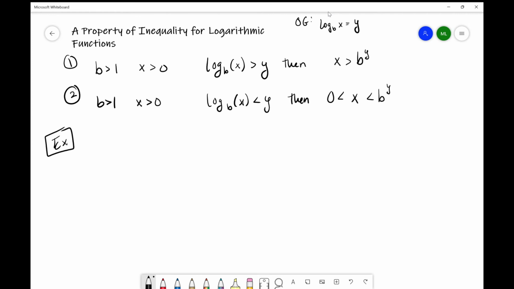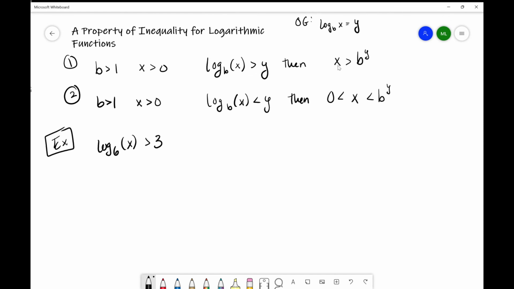One example we have is, let's say, log base 6 of x, and this is greater than 3. By this rule, this is the greater than symbol, so I have the greater than symbol over in our first step, log base b of x greater than y.